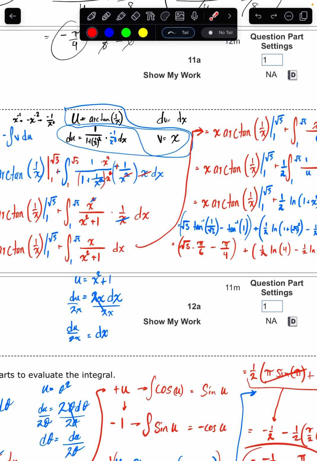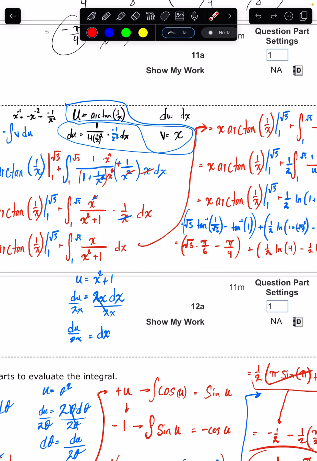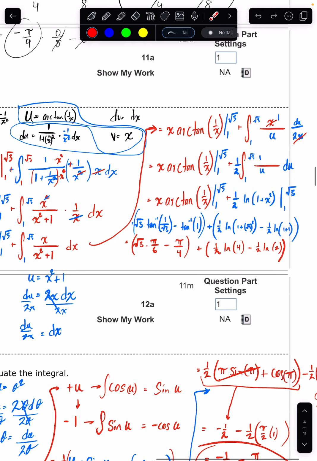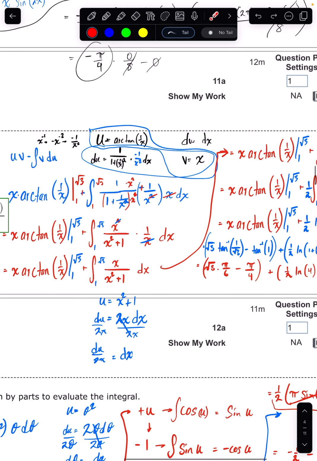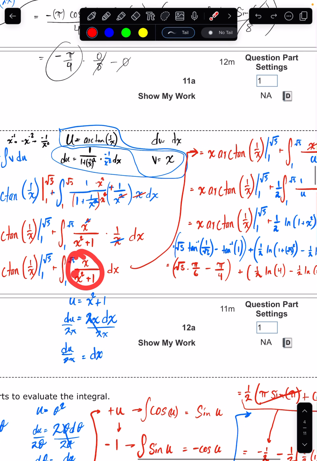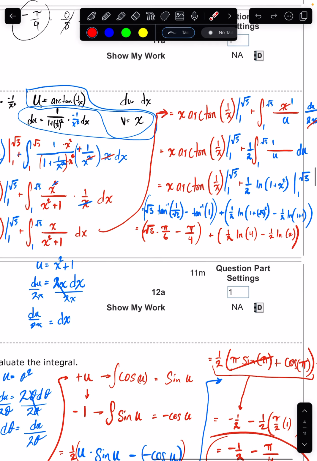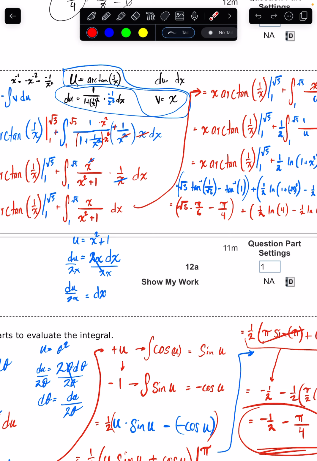After that, what did I do? Oh yeah, this is just a simple substitution, right? You can make this the u value, x squared plus 1, and then you're left with du over 2x equals dx.